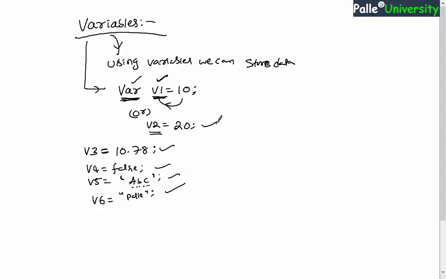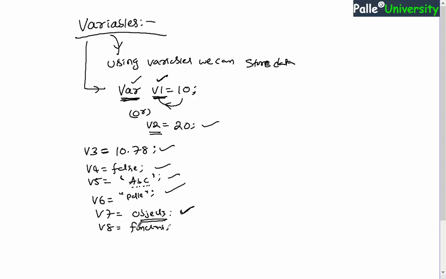Believe you understood. And not only these things, you can even store objects, right? Later we will be understanding how to create objects in JavaScript, but you can store objects also, right? Not only objects, by using JavaScript variables we can even store functions also, right?